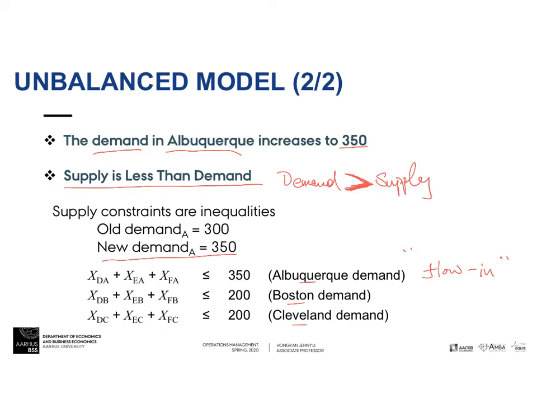So it's impossible to satisfy all the demand. You can only satisfy part of the demand. So in that case, all the demand constraints are changed into inequalities. Especially the first one, we know the demand to warehouse A now should be less than 350.